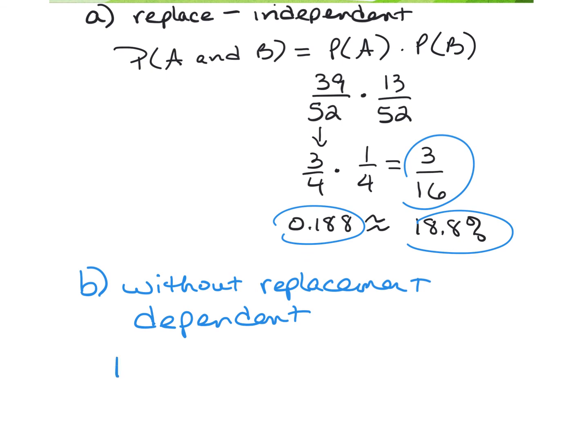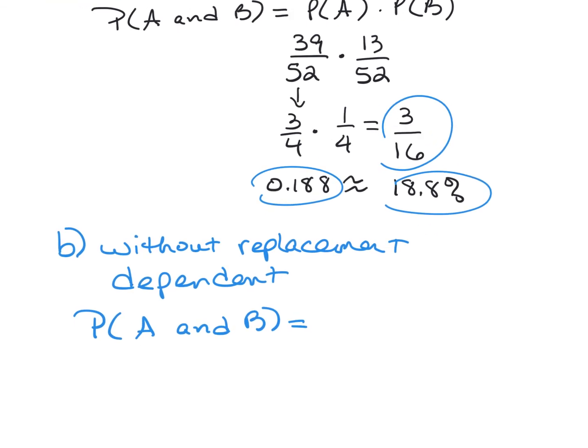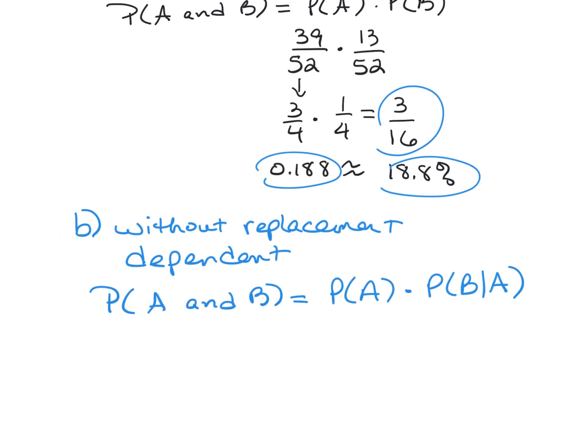So that's going to be written as probability of A and B. And that's going to be the probability of A times the probability of B given that A happened. And again, you're going to assume you got that card that was not a heart. So the probability of not a heart stays the same. This one is 39 over 52.